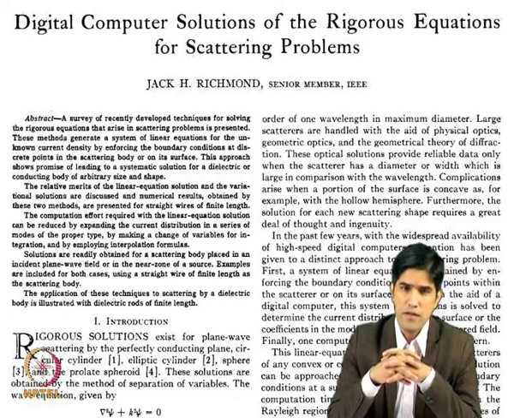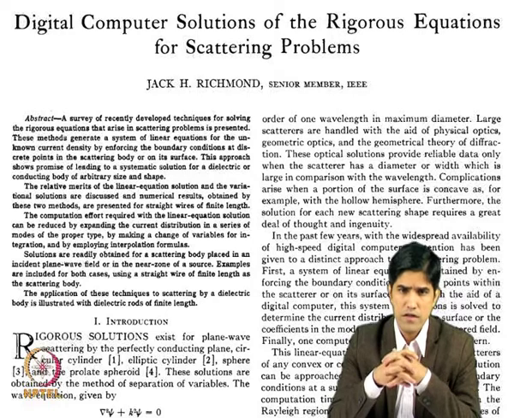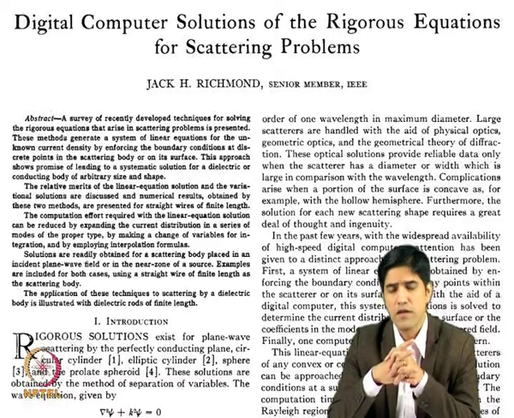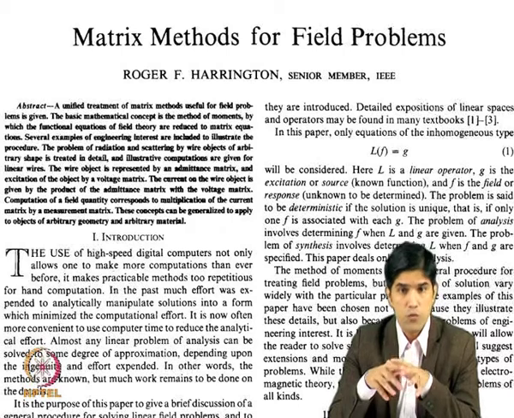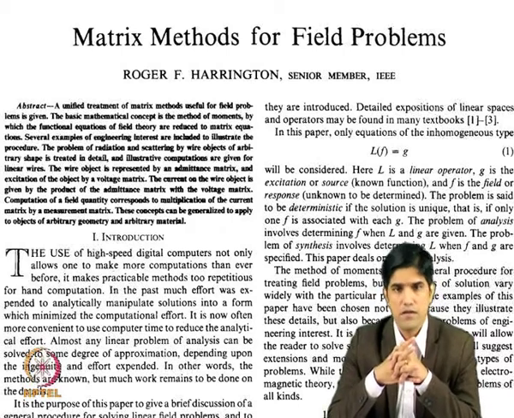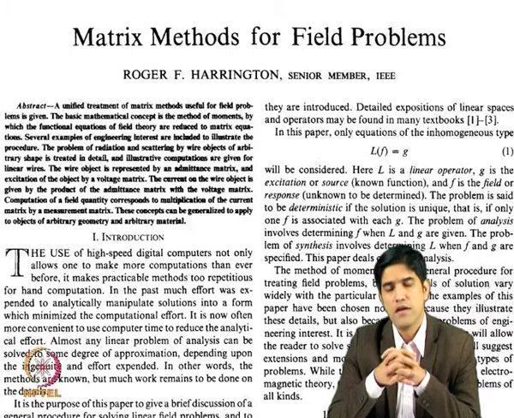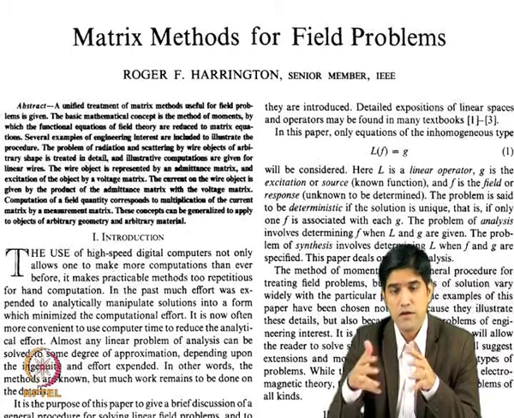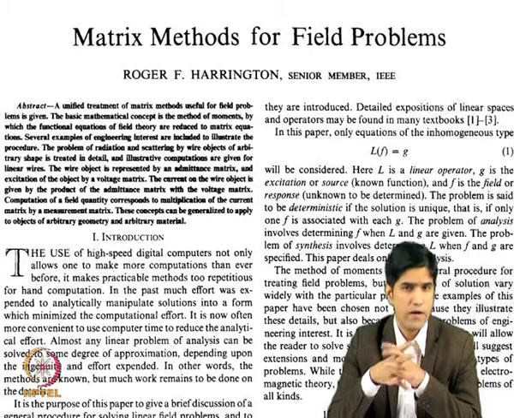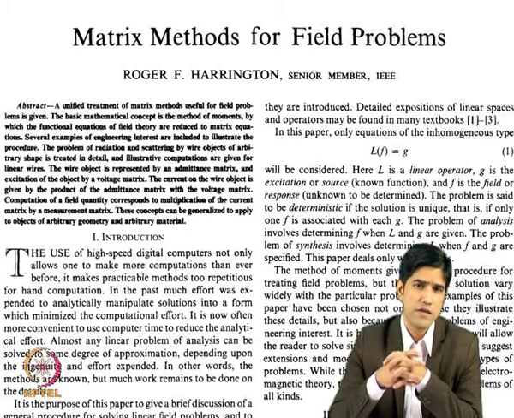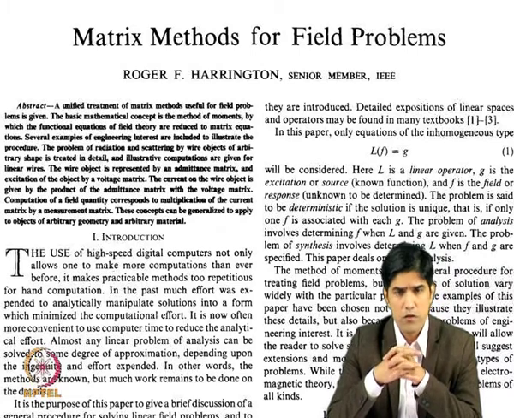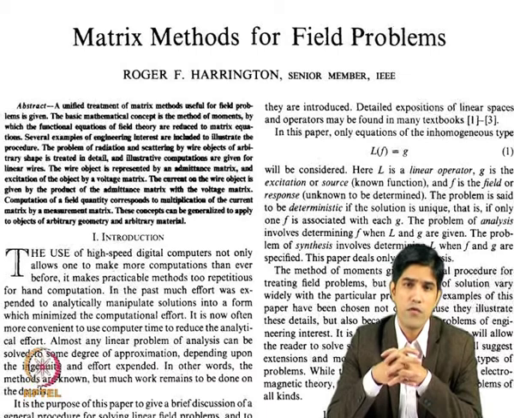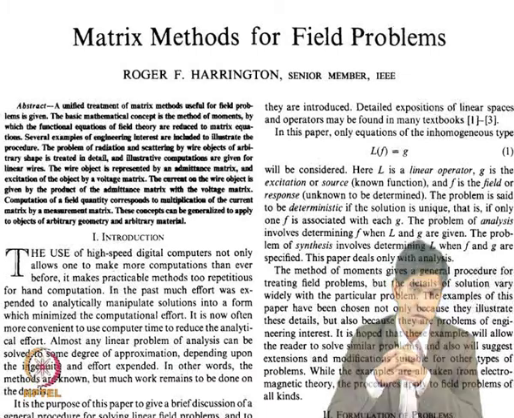A couple of years later, it was Harrington who introduced the method to wider applications like antennas and various applications in engineering, and he popularized the method further, introducing various mathematical aspects using simple examples. His publications, both the books and the transaction papers, are even today one of the most important references for the method of moments.